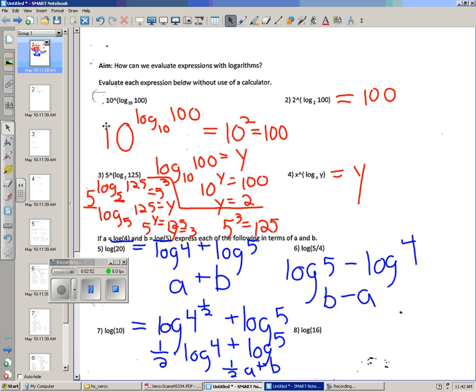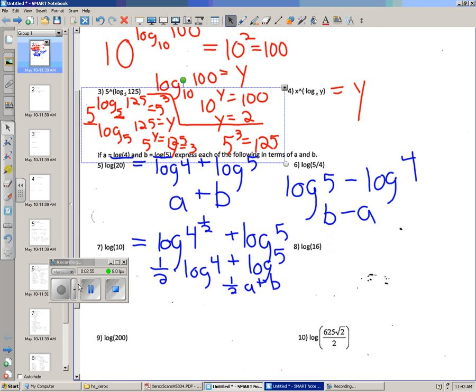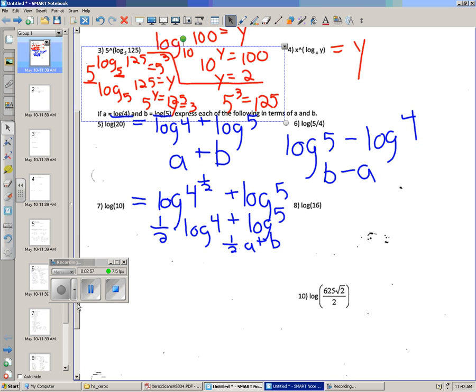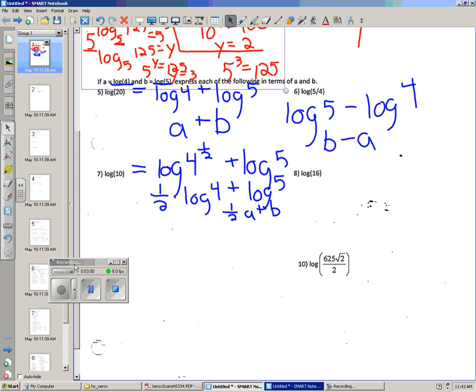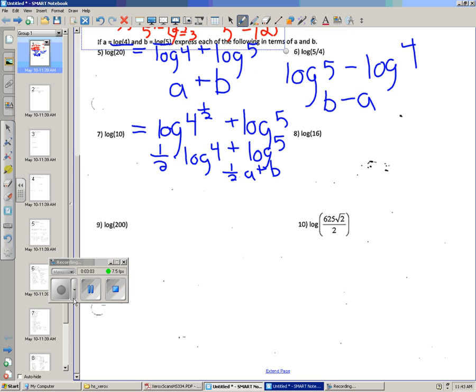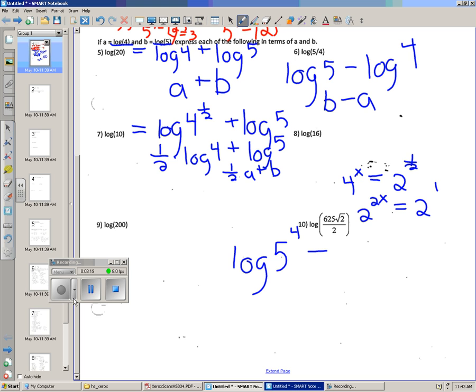Okay, let's look down at question 10. Question 10 is pretty challenging. So 5 to what power will get us 625? If we just keep multiplying, we'll see that it's 4. Now we need to figure out 4 to what power gets us to 2 to the 1/2. We can rewrite this so that it's 2 to the 2x equals 2 to the half. So that means that 2x is a half and x is a fourth. So 2 to the 1/2 is really the same as 4 to the 1/4.